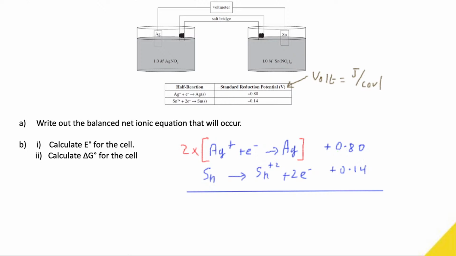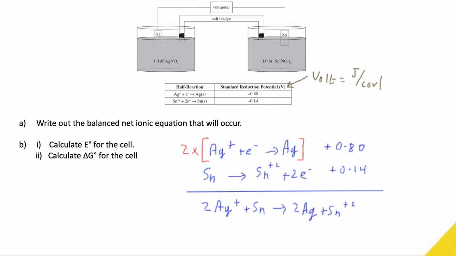So my final reaction is going to be 2 Ag+ plus Sn to give me 2 Ag plus Sn2+. Okay, so that is my reaction for this cell.